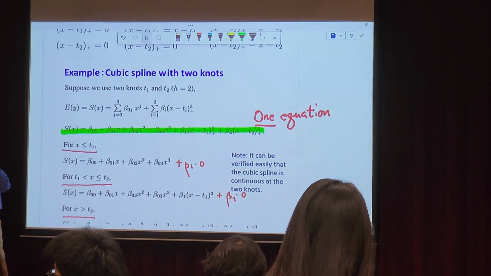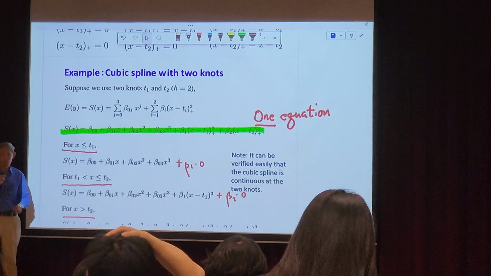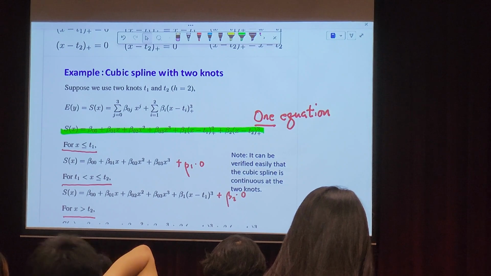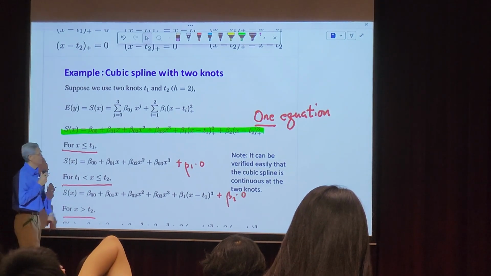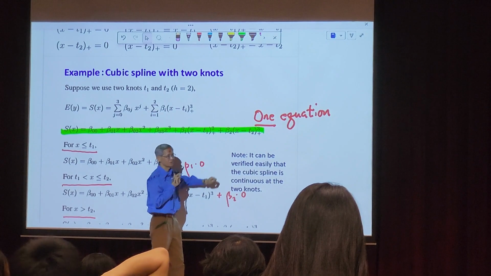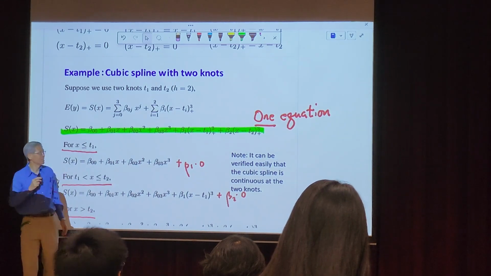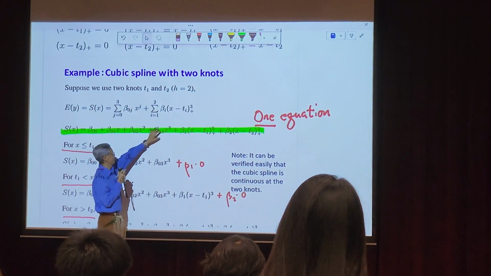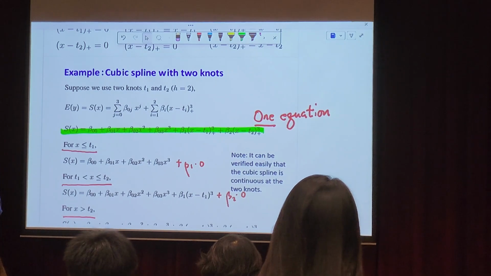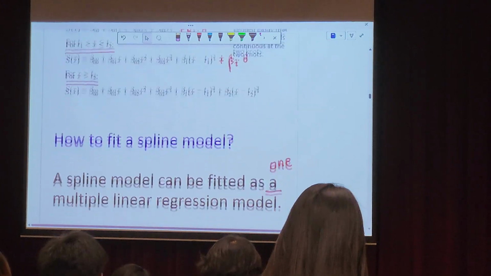This is one multiple linear regression model. And because it is one multiple linear regression model, we can fit this model, and then we can test whether beta 1 is 0 or not, beta 2 is 0 or not. Suppose I want to test beta 2 and beta 1. Are they 0 or not? That means I'm trying to see whether a cubic equation is good enough for the entire data set or not. Or do I need different cubic models for different segments?